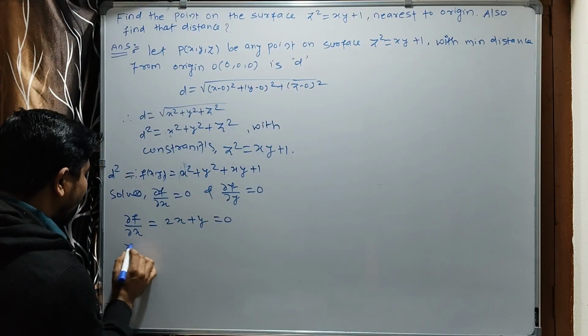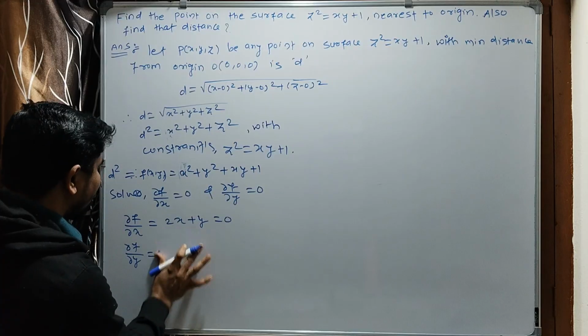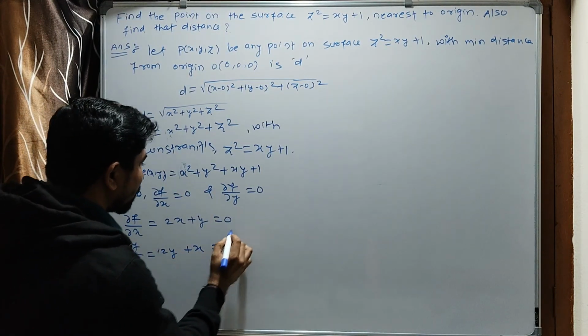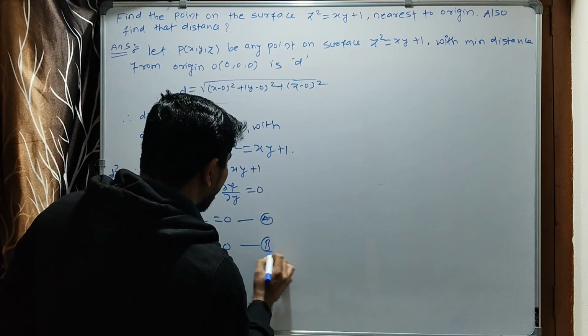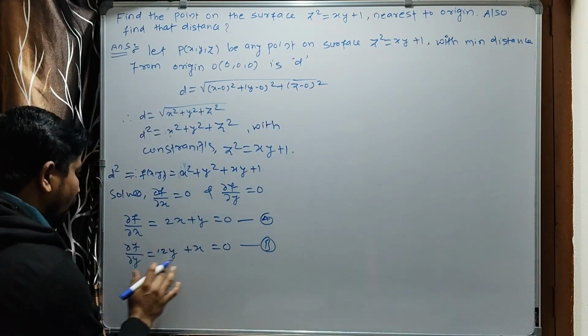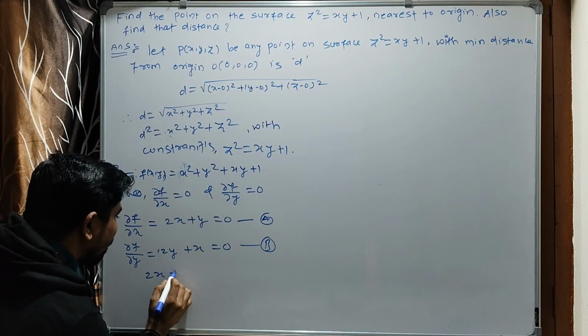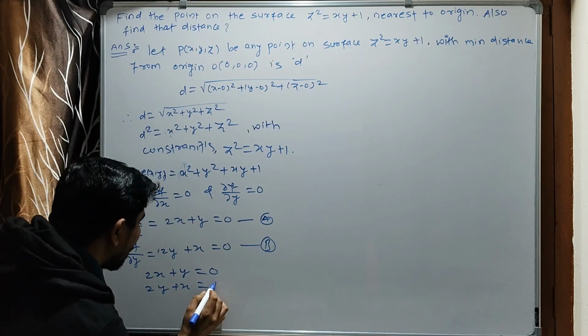Now dou f by dou y equal to 2y plus x, which is equal to 0. Let's say this is my a and this is my b. Now from a and b, solve a and b. That is 2x plus y equal to 0 and 2y plus x equal to 0.